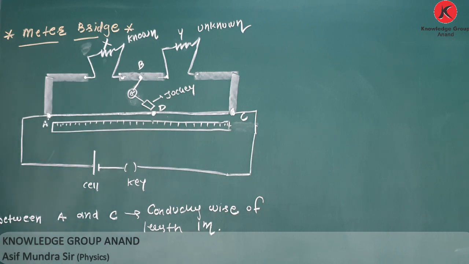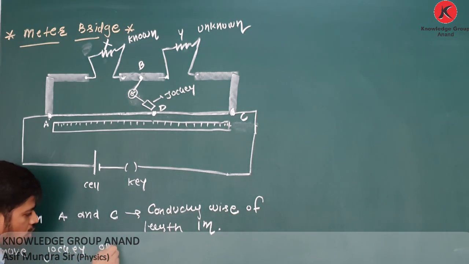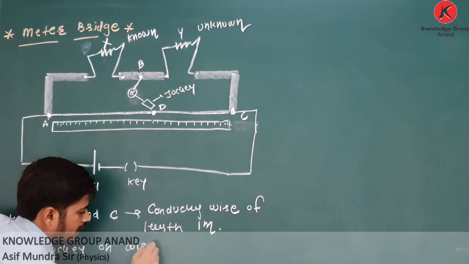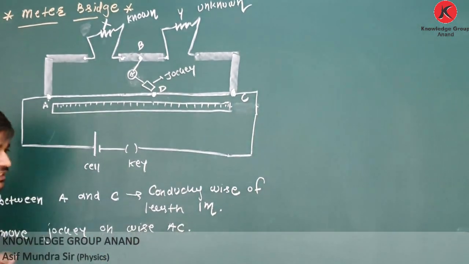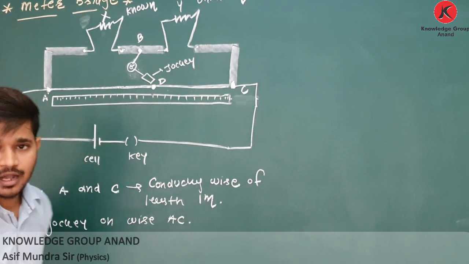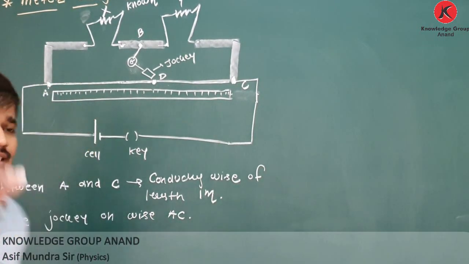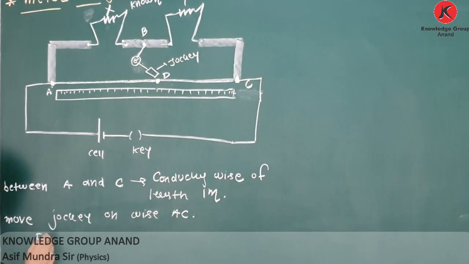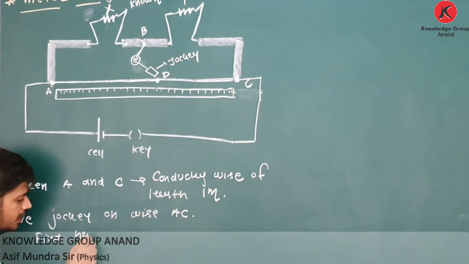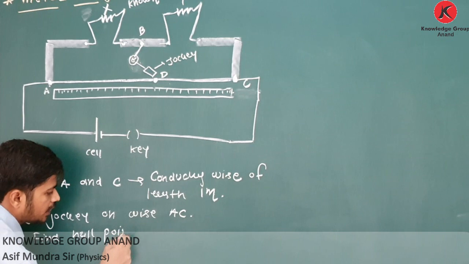So what you have to do? Move the jockey on wire AC and find the null point.